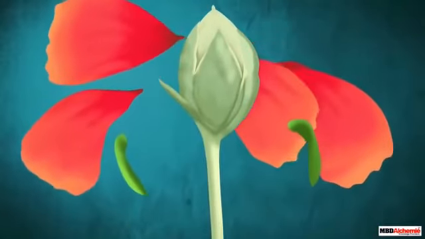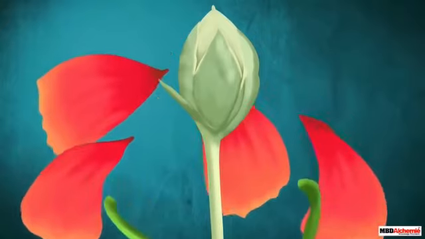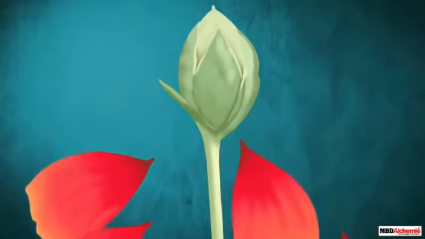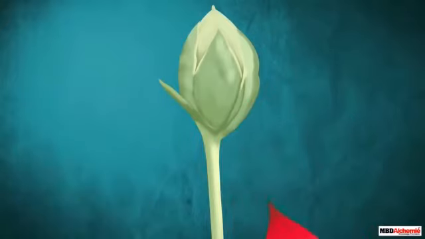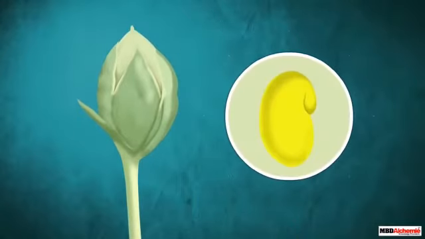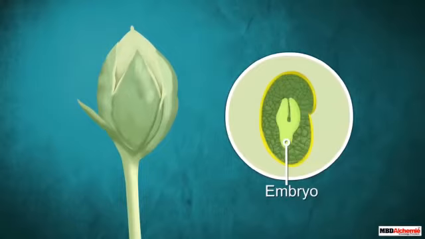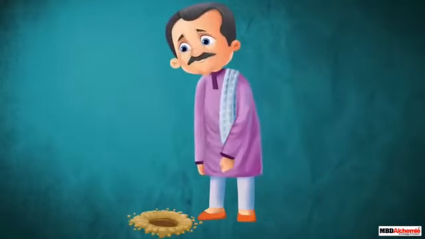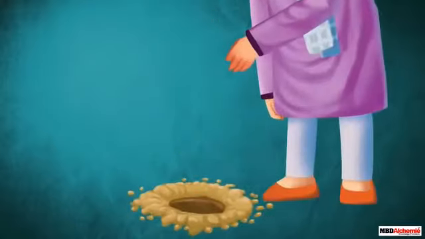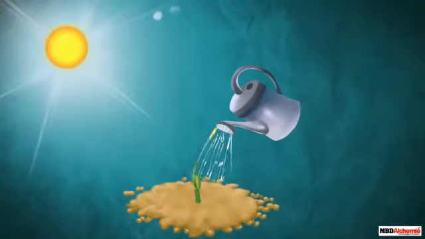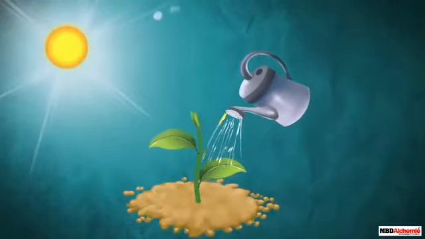At this time, the other parts of the flower, like the sepals and petals, fall off. So, a seed present inside a fruit contains an embryo, which is actually a baby plant. Each time a seed is planted in soil and provided appropriate conditions, it grows into a seedling.